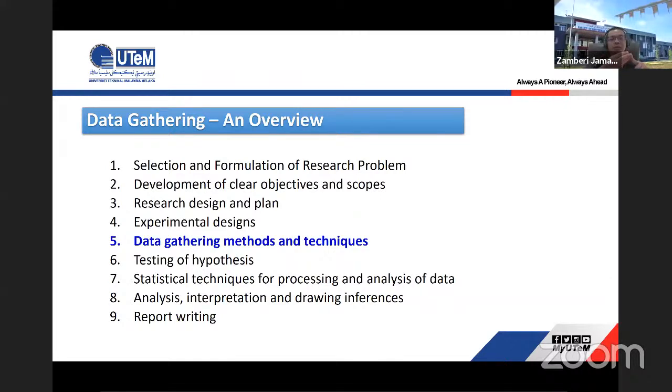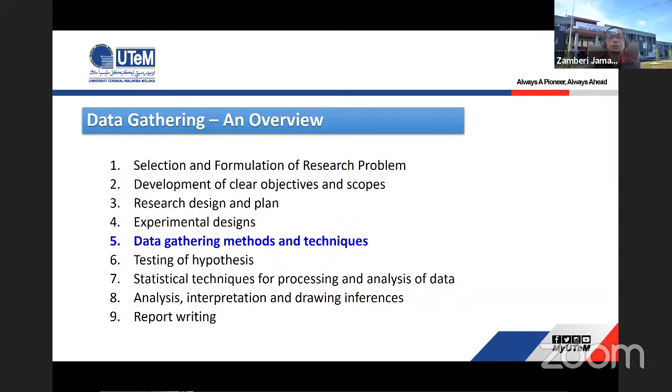Then we look at the research design and plan, experimental design, and then we start with data gathering. We test the hypotheses, and then we do the data analysis and data processing. From that analysis, we do the evaluations. We try to draw some inferences, some conclusions. And finally, the report writing. It could be thesis writing, paper writing, a report, and so forth.